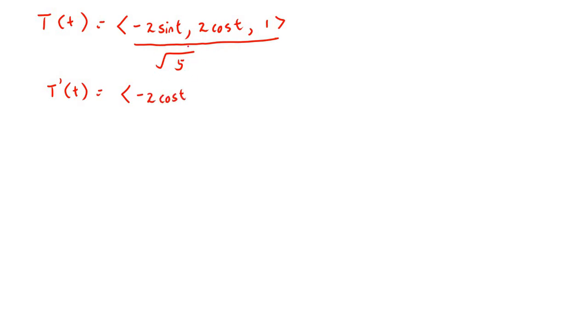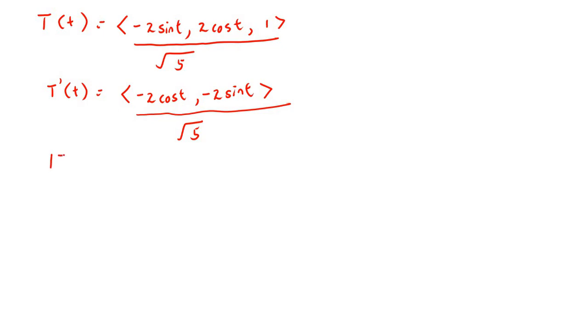The denominator is a scalar, so we just follow. Differentiating 2 cos t gives negative 2 sin t. Differentiating 1 gives 0. So we have negative 2 cos t i minus 2 sin t j plus 0 k, over the square root of 5.